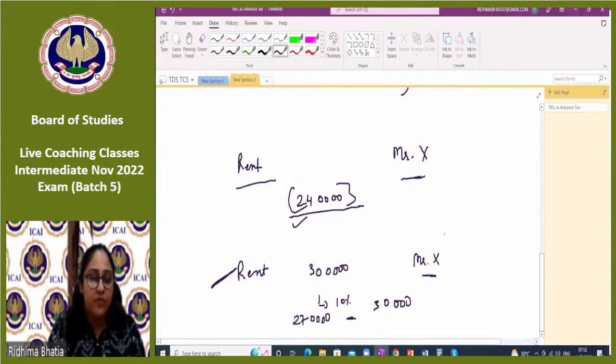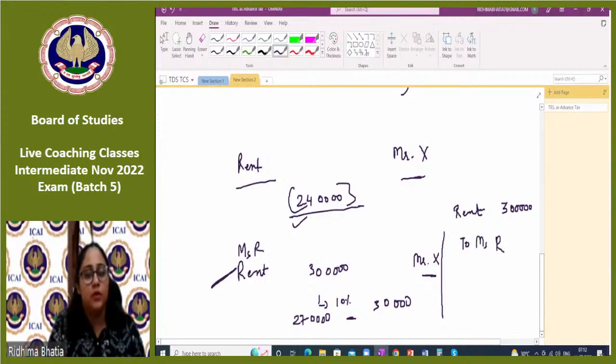So what entry will he make? First of all, when he makes the due, he will debit the rent account. How much is the rent? 3 lakh. To me, suppose I am Miss R, to Miss R, how much amount, and to TDS payable, how much amount? Because out of this 3 lakh, how is the payment to be dispersed?